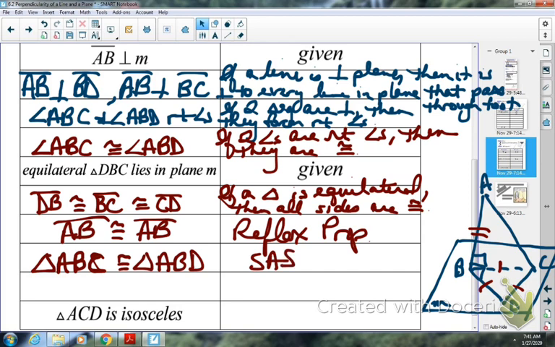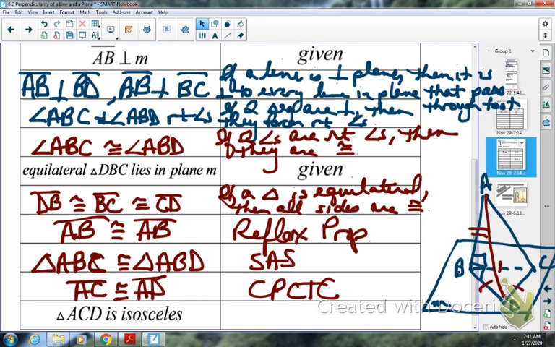And again, if the triangles are congruent, the rest of the corresponding parts are congruent. So if I want to prove that triangle ACD is isosceles, the part that would help me would be stating that segment AC is congruent to segment AD by CPCTC. And again, that tells me that triangle ACD has two congruent sides.